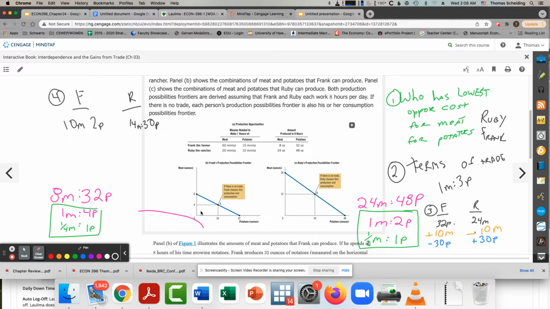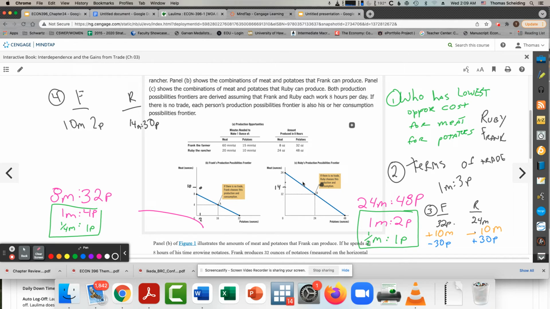If we had the numbers, we would know that approximately where 2 would be, and that's approximately where 10 would be. And for Ruby, it would be at 14 meat and 30 potatoes, so it's probably going to be right there.